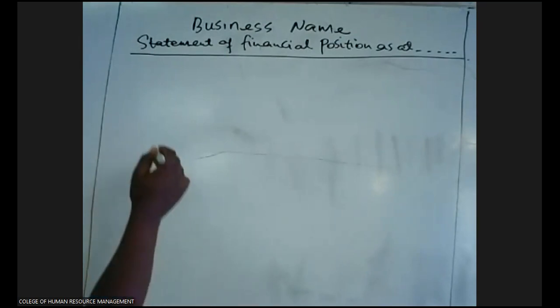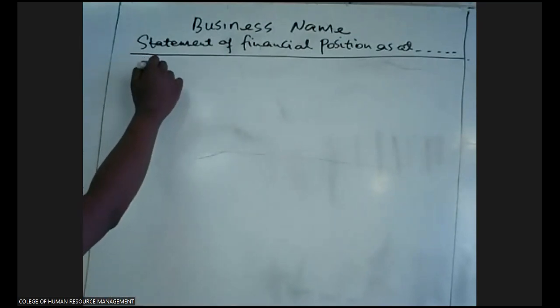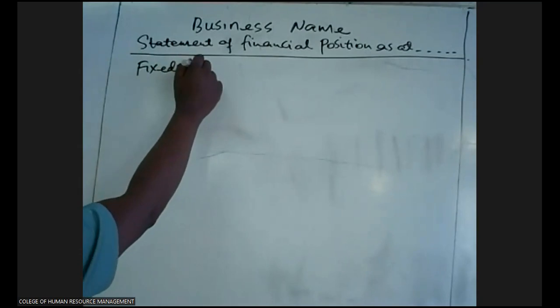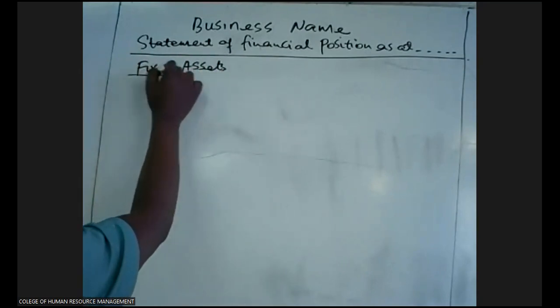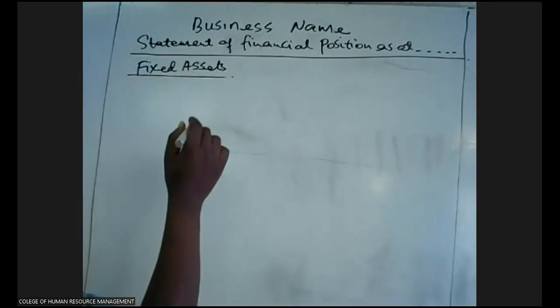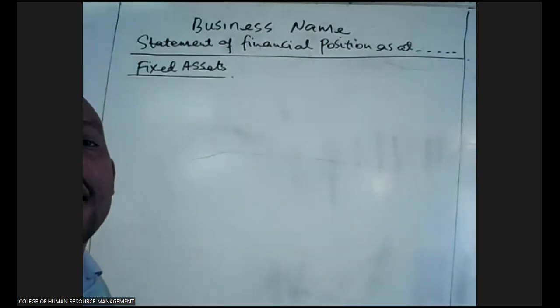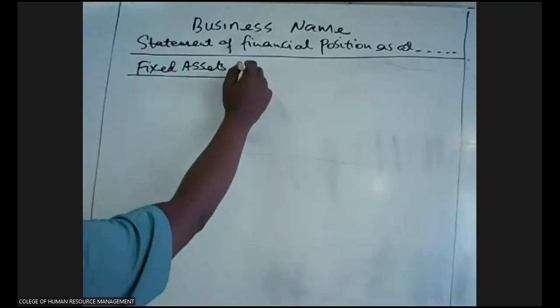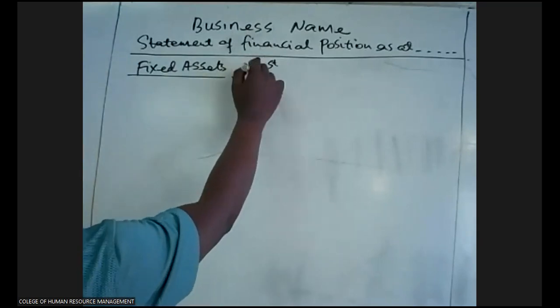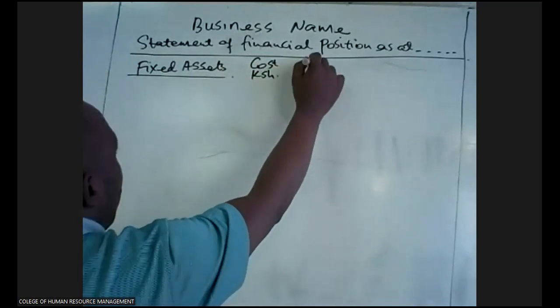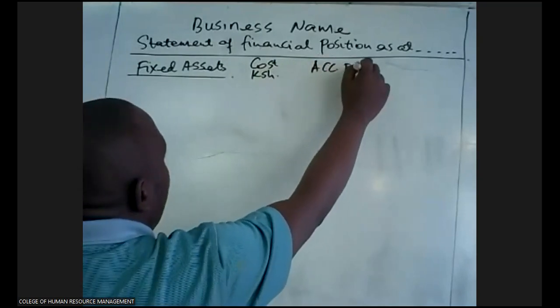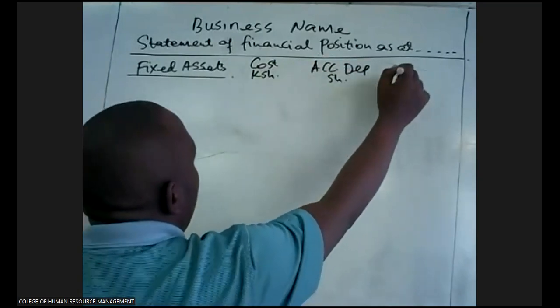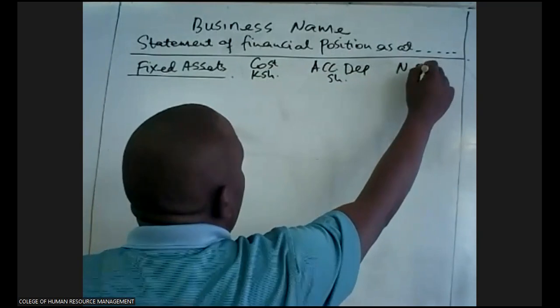Then start with the fixed assets. These assets, we have said, they undergo depreciation. So here you will capture their cost, their accumulated depreciation, and their net book value.